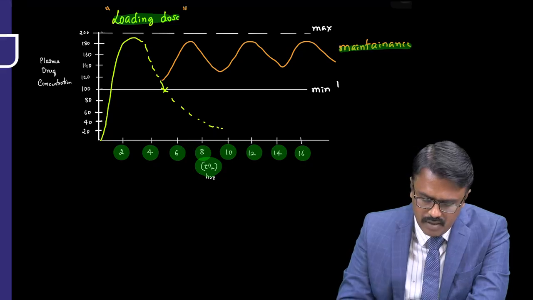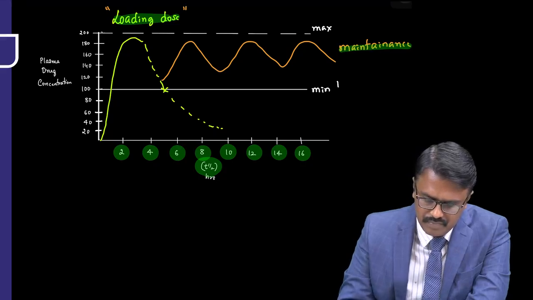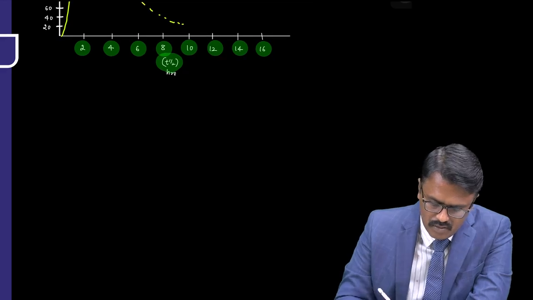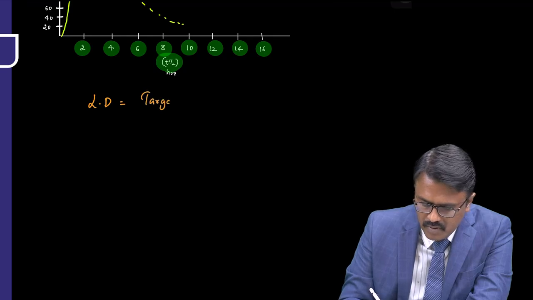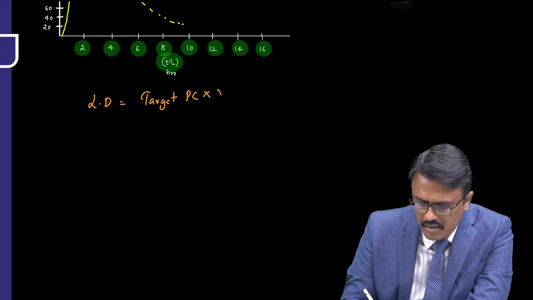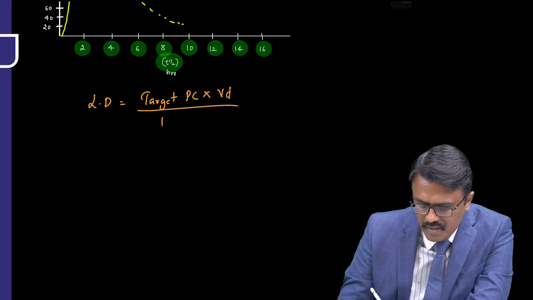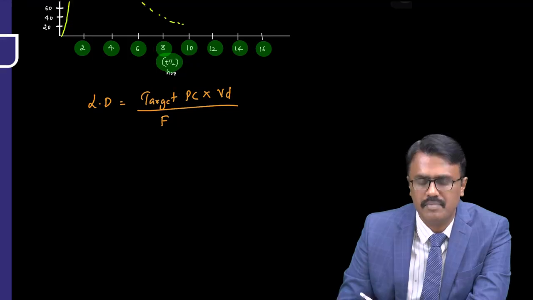So let me write a formula for that. Loading dose is equal to target plasma concentration, how much you require, into VD divided by F, if there is bioavailability.